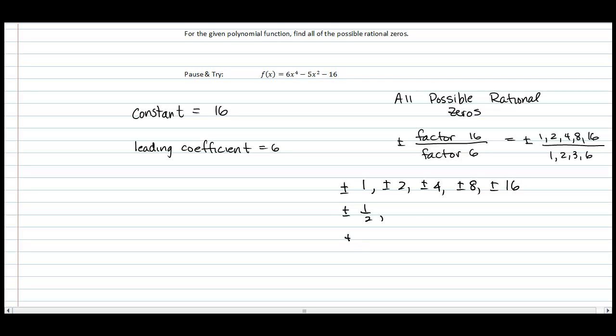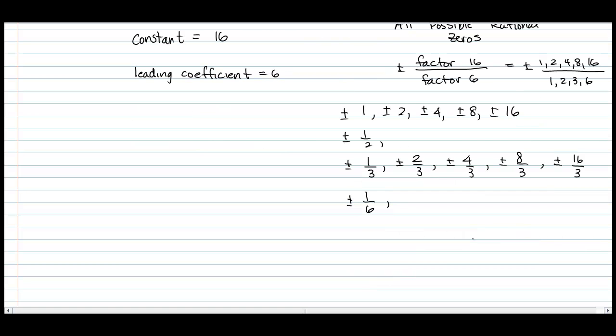I want to take the factor of 16 and divide it by 3. And I'm going to take the factor of 16 and divide it by 6 and not repeat itself. So all the ratios you see in front of you would be all possible rational zeros for the given function.